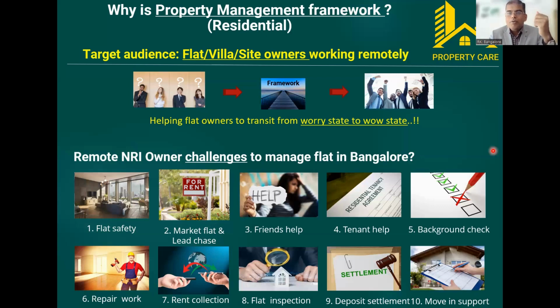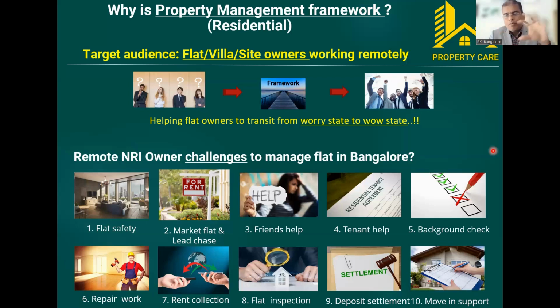The tenant doesn't know that there is a society manager who is supposed to approve before the luggage comes into the apartment. So these are the challenges, and they stay waiting at the security gate with the luggage, and security is not allowing them inside. Whose problem is this now? This is the kind of issue we see in remotely managing a property.